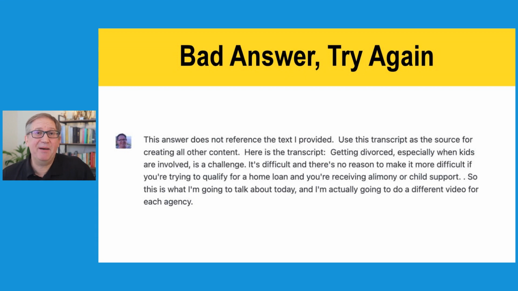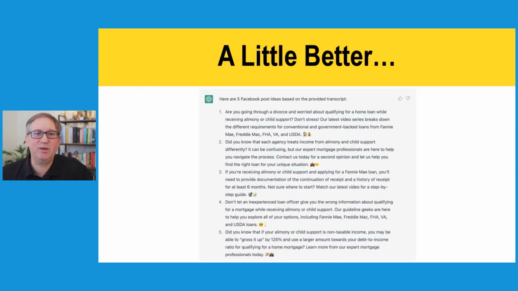So I basically got mad at it and I said, bad answer, try again. And I said, this answer does not reference the text I provided. Use this transcript as the source for creating all other content. Here is the transcript. And I pasted the transcript a second time into 3.5. And then it gave me a little bit better results.